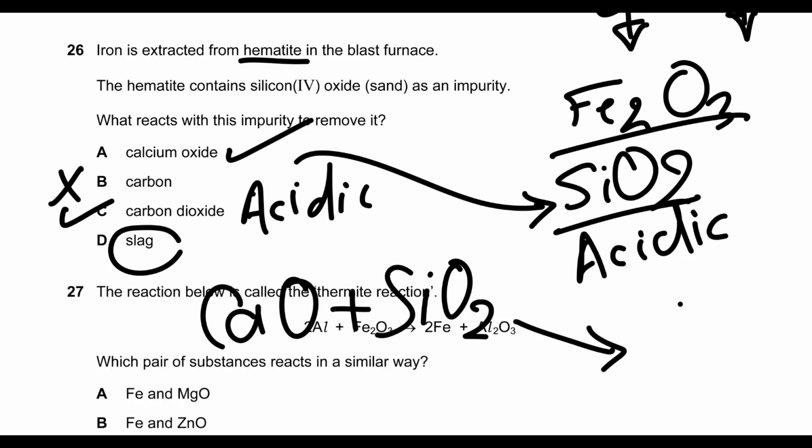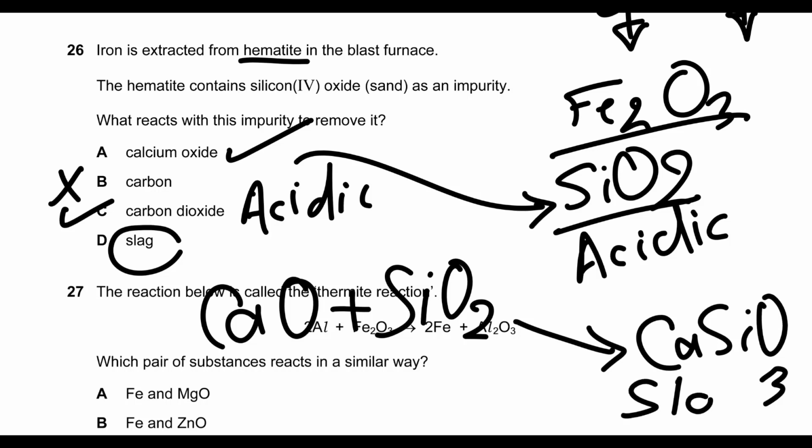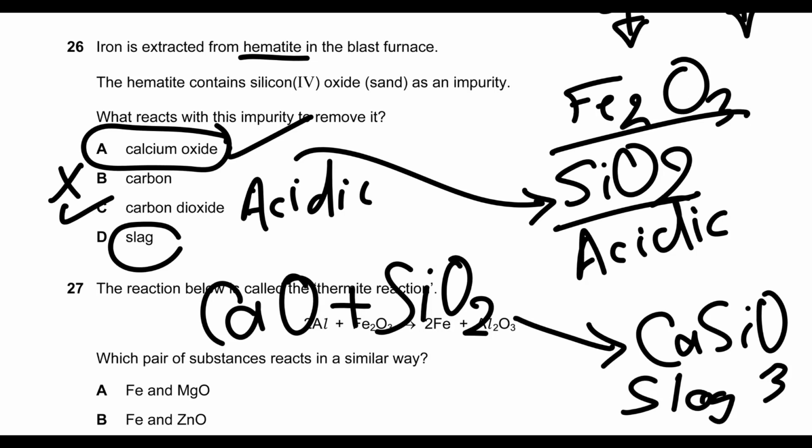Always we need to start with the more reactive metal. So calcium, silicon, O3: calcium silicate, which is a slag, used for road foundation. So calcium oxide is the best answer to remove the silicon oxide, which is sand, as an impurity.